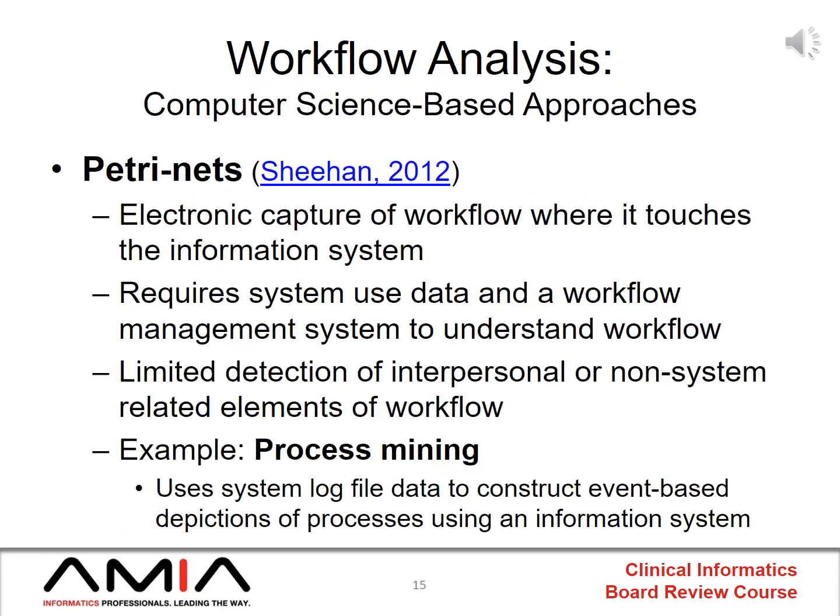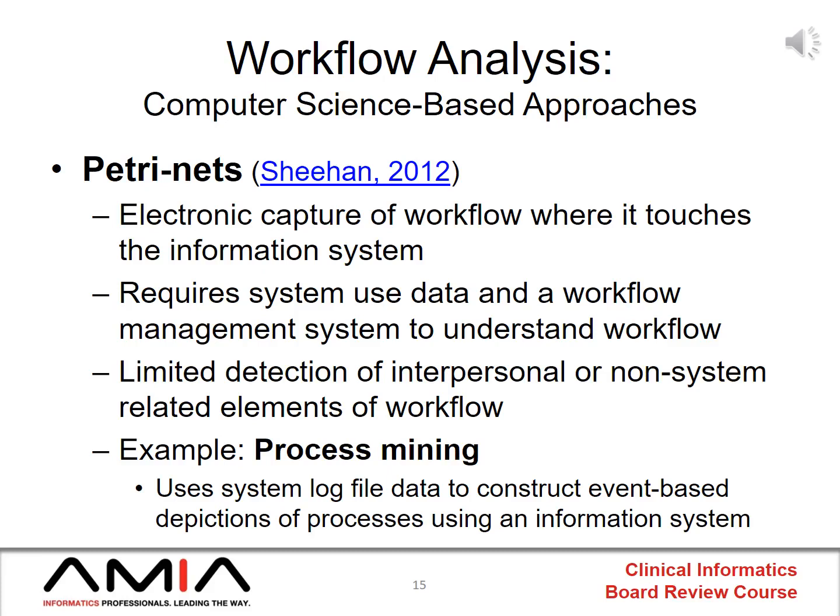Beginning with the computer science-based approaches to workflow analysis, Petri nets are a type of workflow analysis where there is electronic capture of the workflow anywhere a workflow touches an information system. Obviously, this requires system use data and a workflow management system to understand how the data being captured from the information system pertains to workflow.